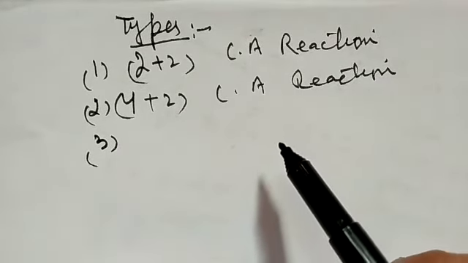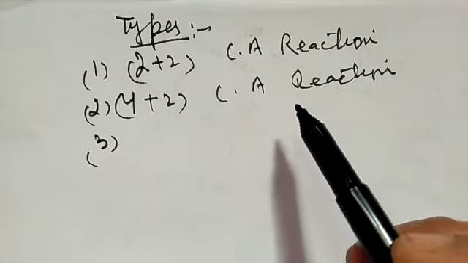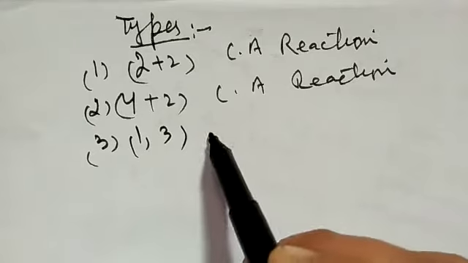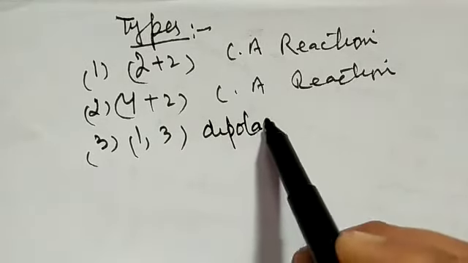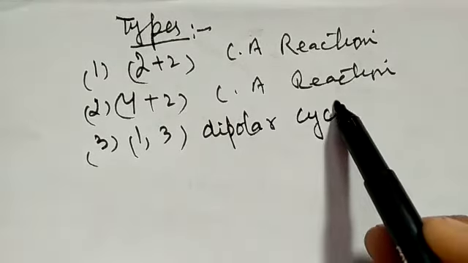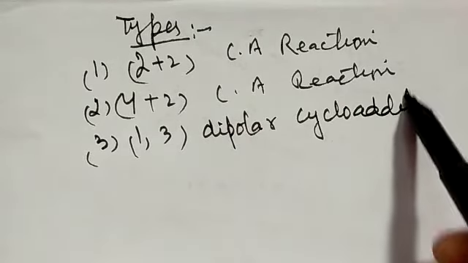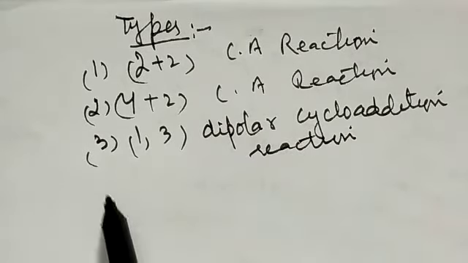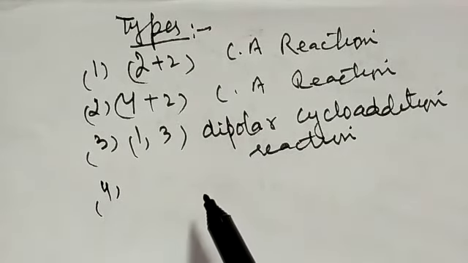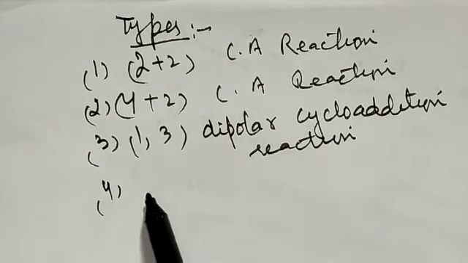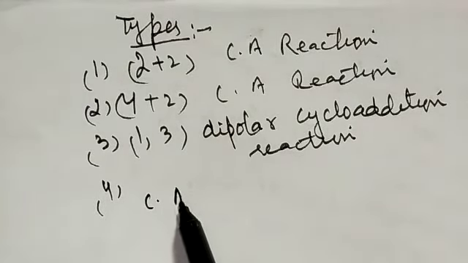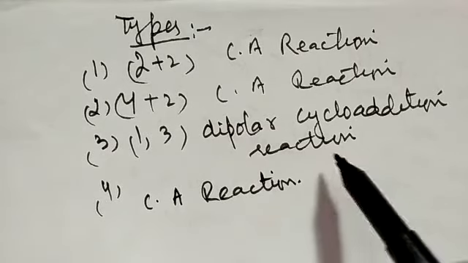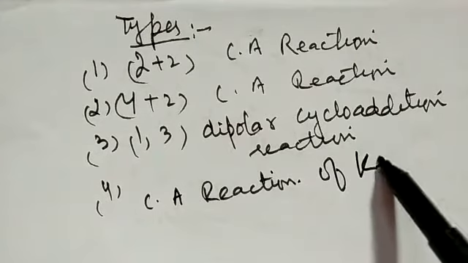Third type is 1,3 dipolar cycloaddition reaction. Fourth type is cycloaddition reaction of ketenes.